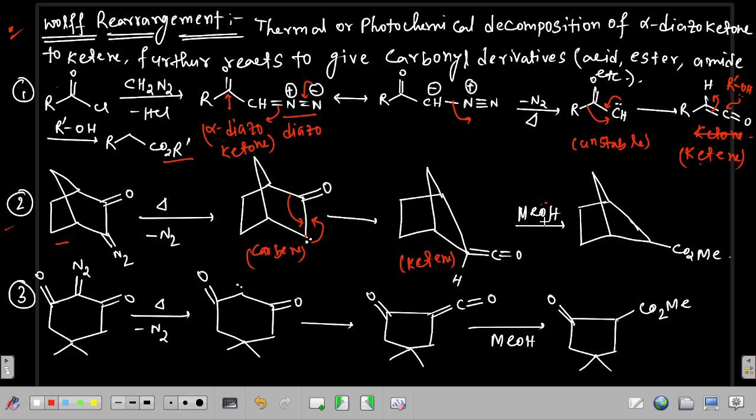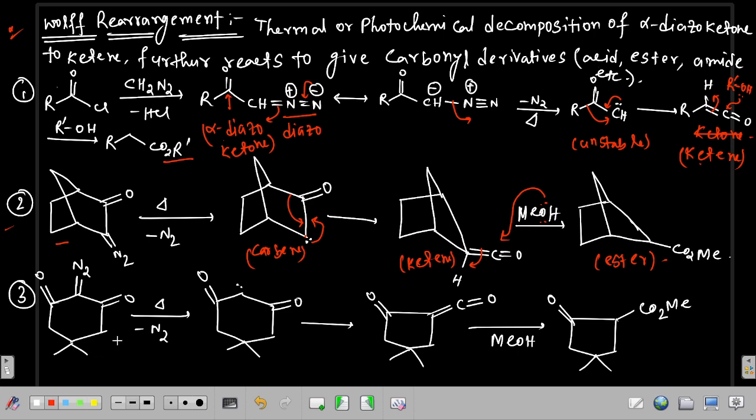If we are using methanol, the methanol oxygen will attack on the carbonyl carbon, and this bond will break, and it leads to the formation of an ester.